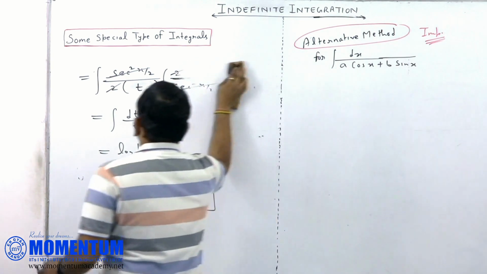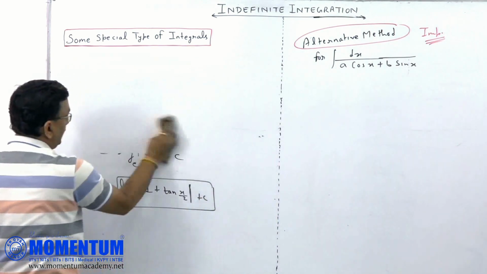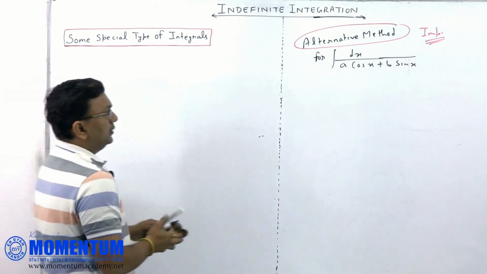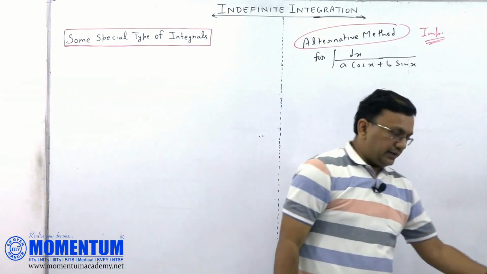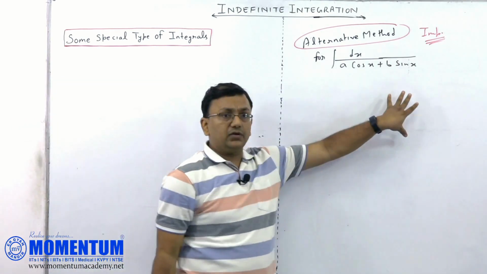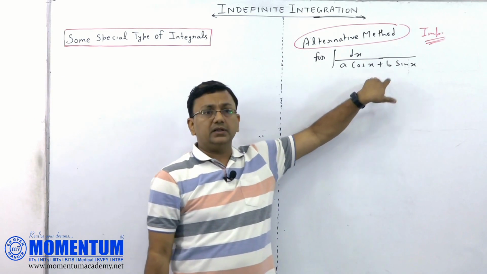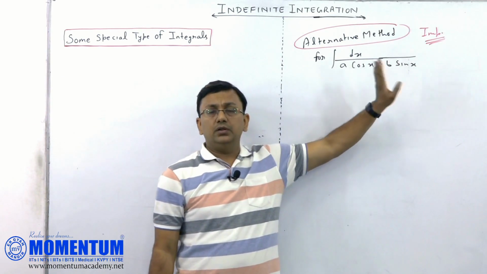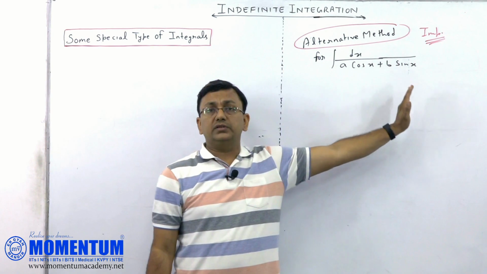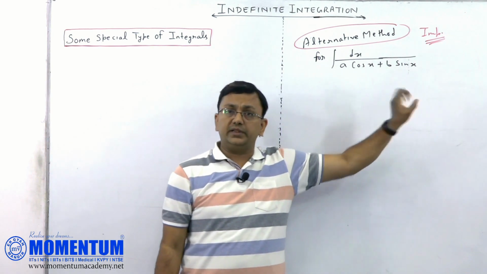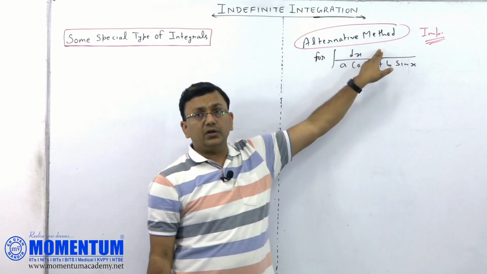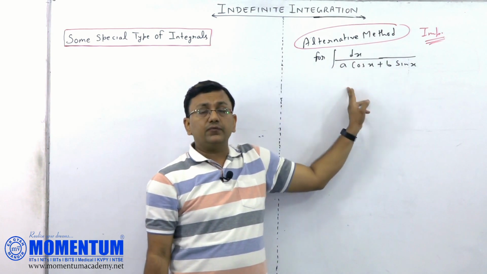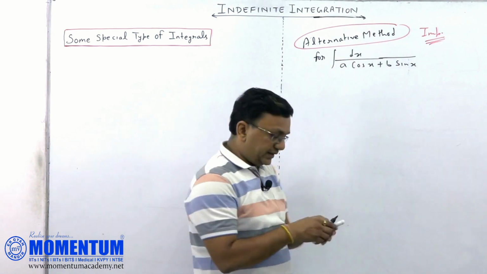We just saw that for this kind of integral, where the denominator has cos and sine, we open the formula of sine and cos in terms of tan x by 2 and the integral becomes easy. But now I am talking about an alternative method for such integrals. What is that?